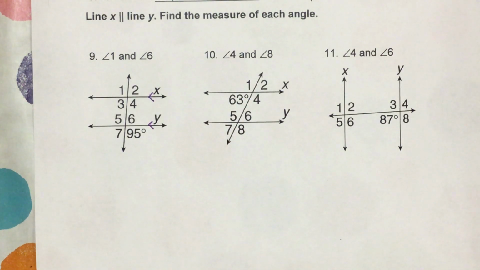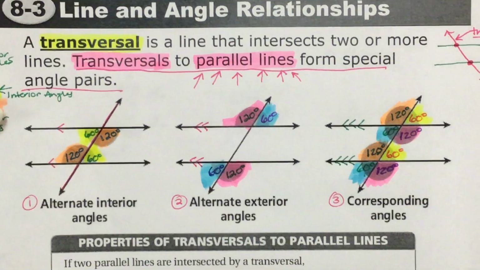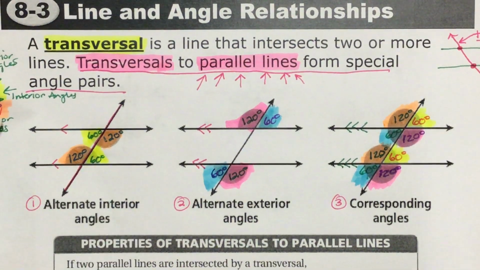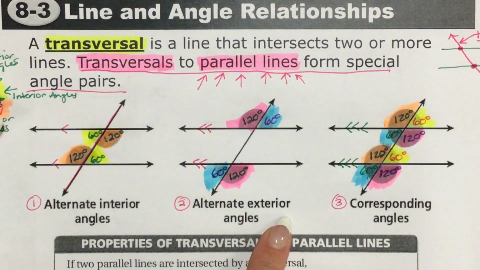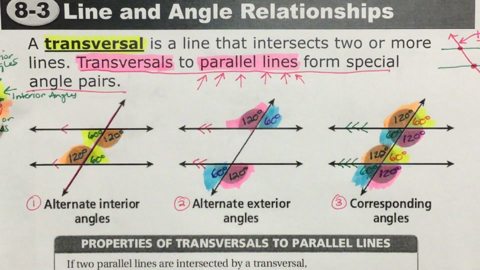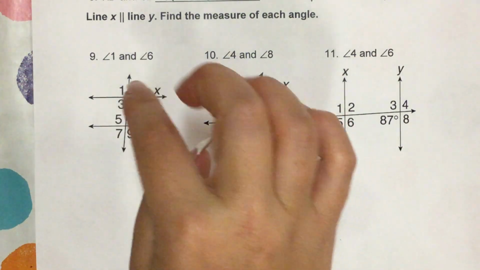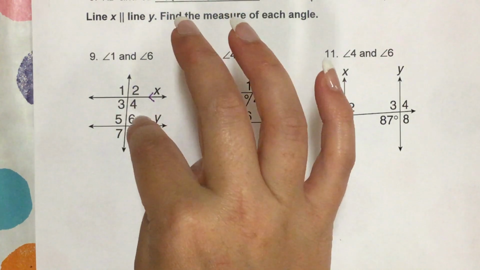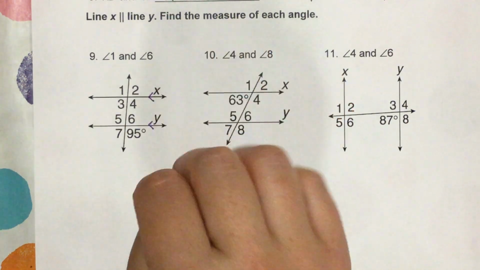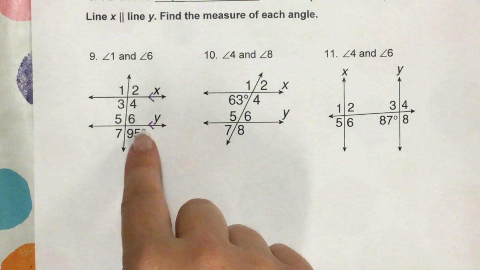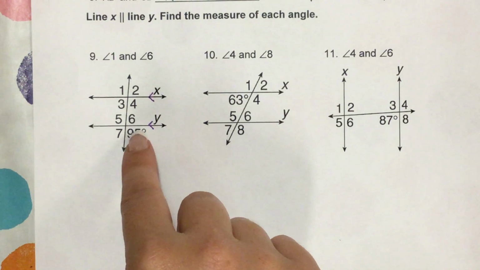Since they are parallel, that means that the alternate interior angles, alternate exterior angles, and corresponding angles are in effect. So let's look back here. We have angles 1, 2, 3, 4, 5, 6, 7. We're trying to find angle 1 and angle 6. So far, all we have is this 95.